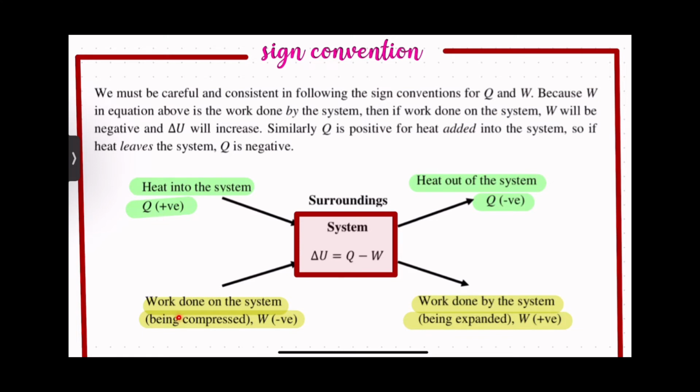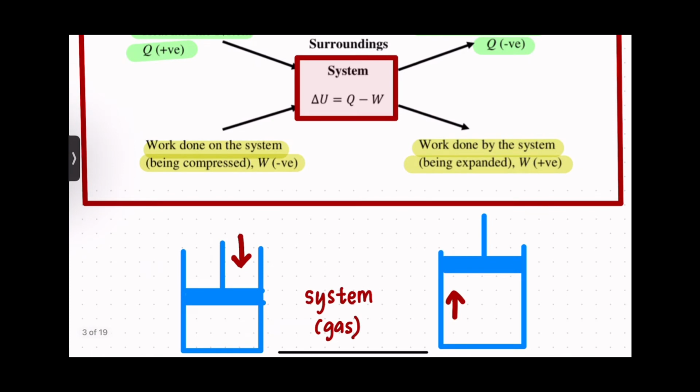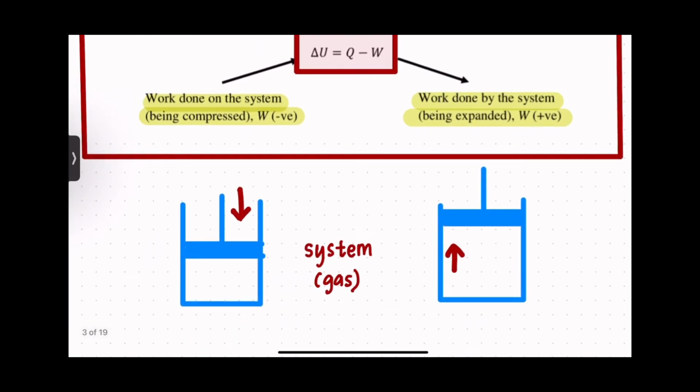Okay, how about the work done? When work is done on the system, the system is being compressed, so W will be negative. If work is done by the system, when the gas is being expanded, then work done is positive. So let's say the system is a gas. When we put the gas in a piston and the gas expands by itself, it can do its own work.